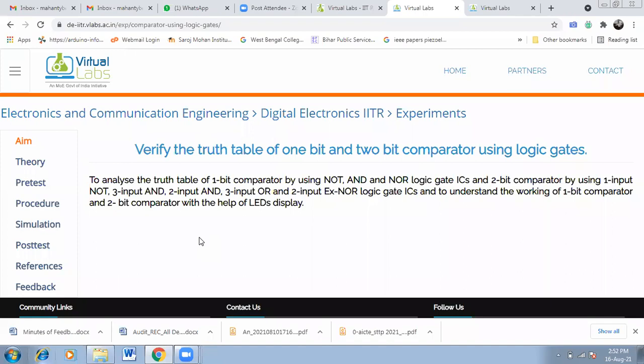Every time we compare two values, there are three possible conclusions: the first one is greater than the second one, both are the same, or the first one is less than the second one. These three conditions we have to check using the single bit comparator circuit. So let us go for simulation.